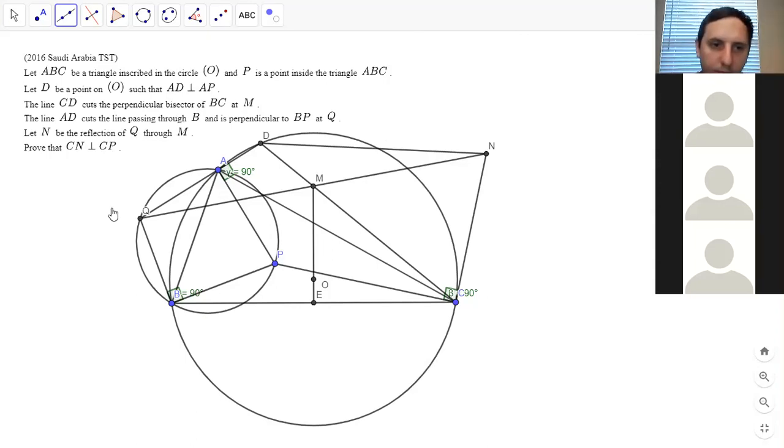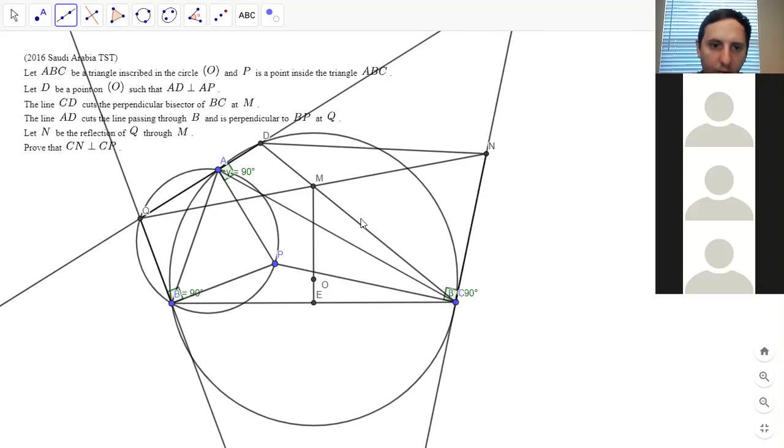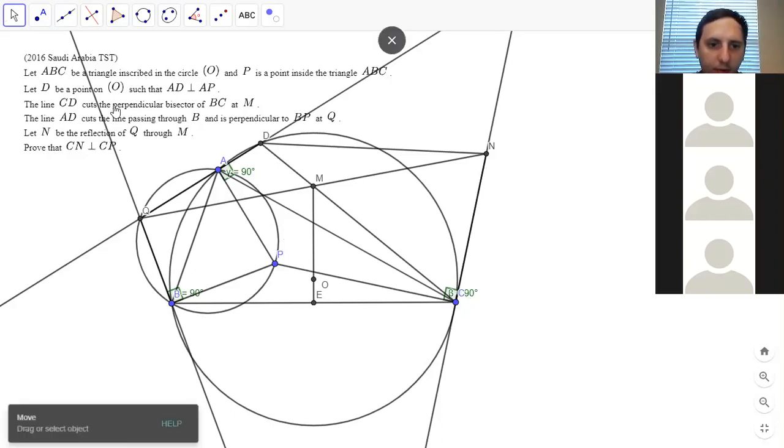So what if we try to make the pedal circle? Draw this, this, and this, and they make a triangle. Those are the 3 feet of the perpendicular from P. Maybe there's an isogonal conjugate of P in that triangle.